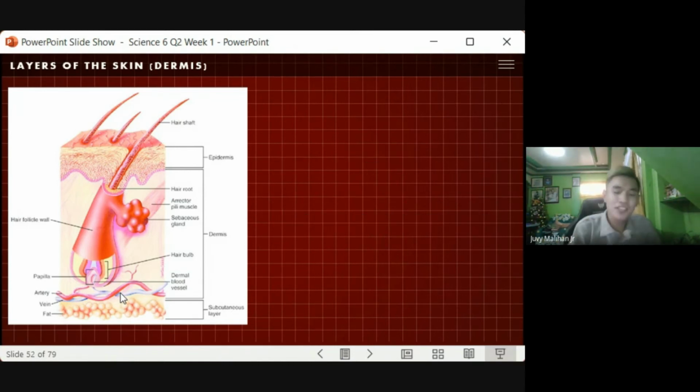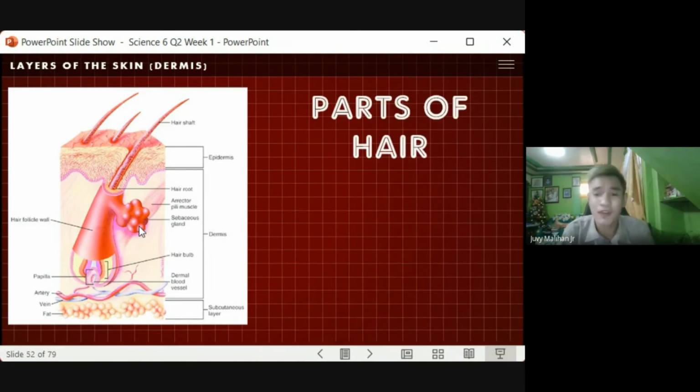Okay? Now, as you can see in this illustration, class, hair has parts, right? So what is the anatomy of our hair, or what are the parts of our hair? First, class, we have our hair root, or what we call the hair bulb. So ito na yung ating hair root, or what we call the hair bulb.